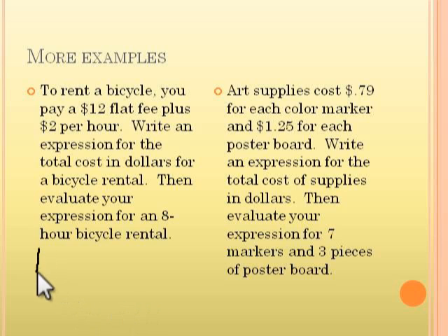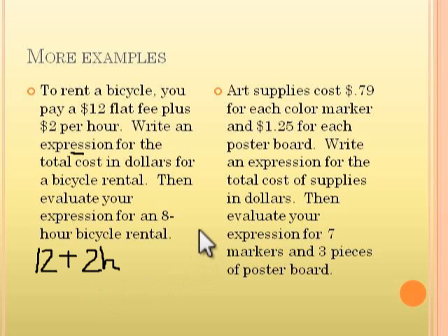We have to pay $12, right? Yes. Plus, we have to pay $2 for each hour that we ride. So that's going to be 2 times how many hours? And I don't know how many hours. Now remember, they asked for an expression. That means we don't have an equal sign. We're finished at this point.